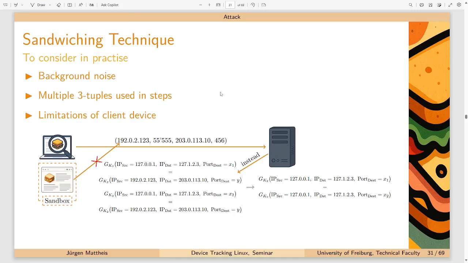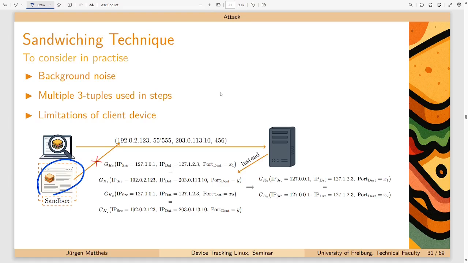And we also have some limitations on the client device, because this JavaScript tracking snippet is executed in the browser sandbox. The browser sandbox operates at a higher level than this whole TCP layer operating system structure.